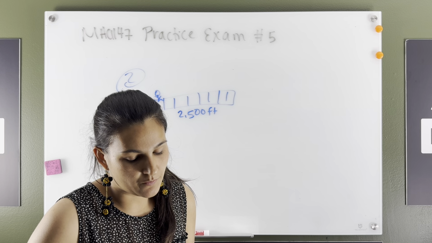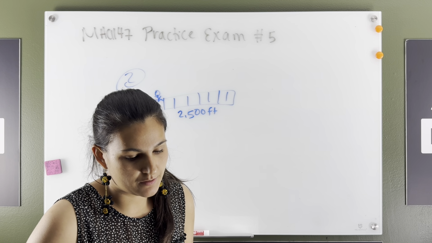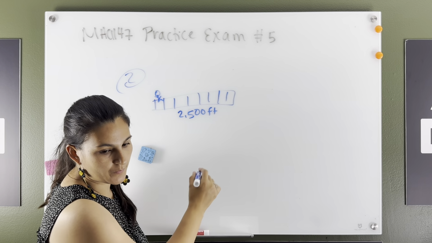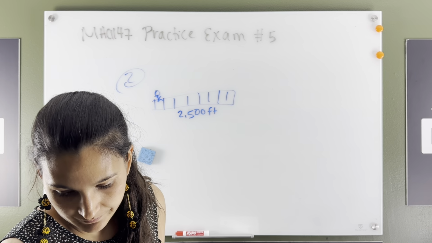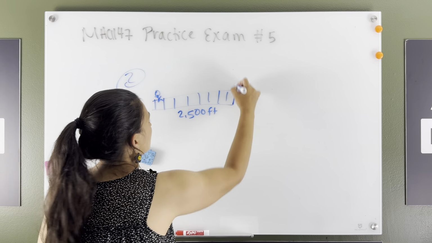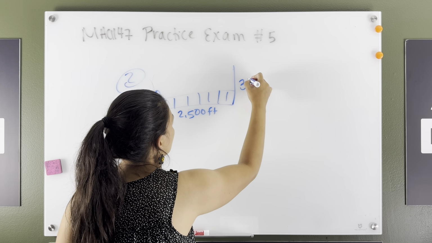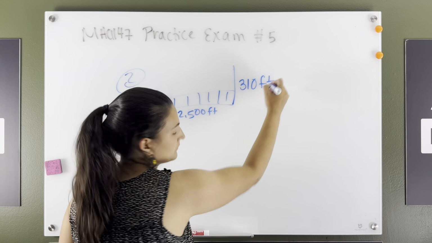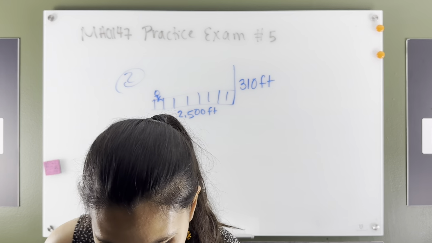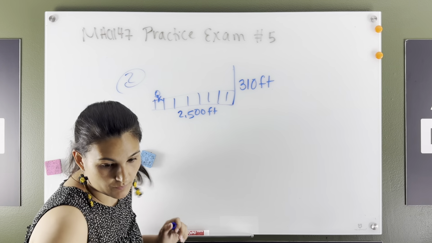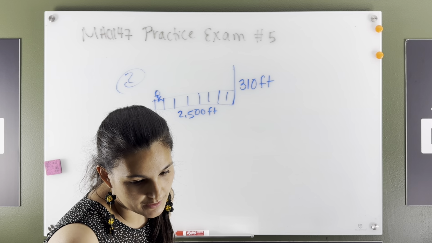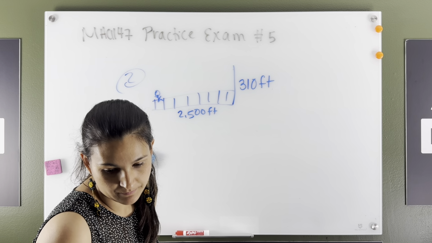To the nearest degree, what is the average angle of ascent? Okay, with a gain in altitude, this is how I did it when I worked on it earlier. Okay, 310 feet, and then to the nearest degree, what is the average angle of ascent?